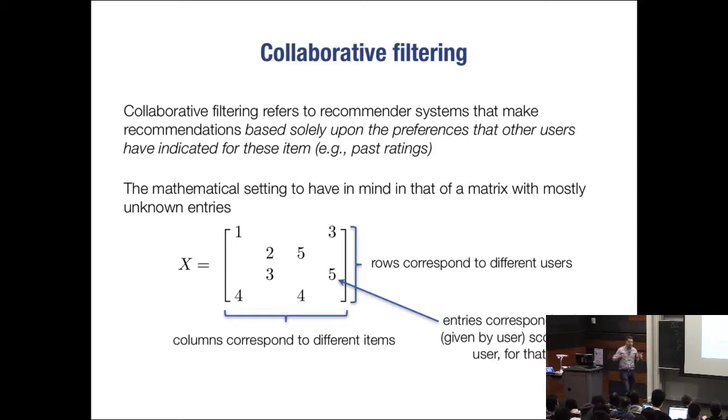In theory, there is some hidden rating that every user would give to every item. But of course, we don't see that. We don't have someone input, for every item in the universe, their rating of that item. We only observe some very sparse subset of these entries. Our goal is to predict, for the other items that we don't observe, our best estimate of what that rating should be.